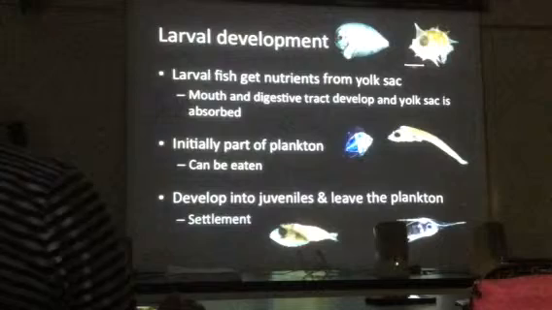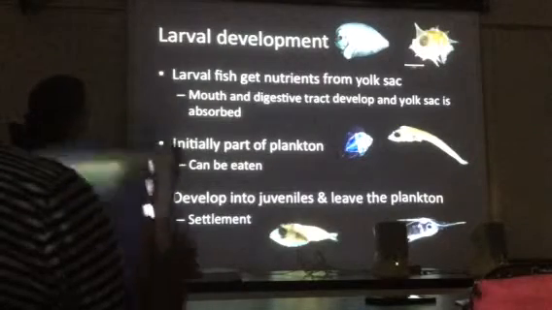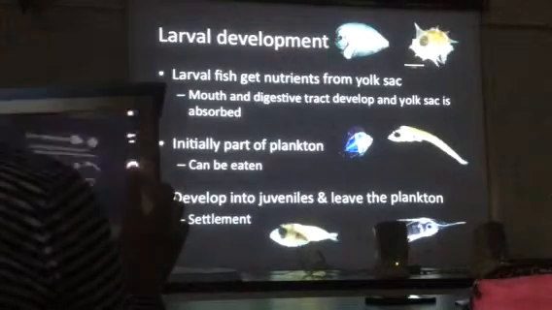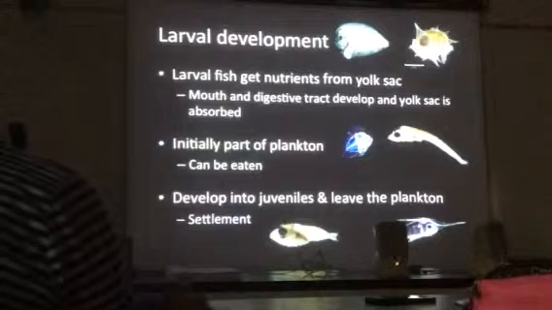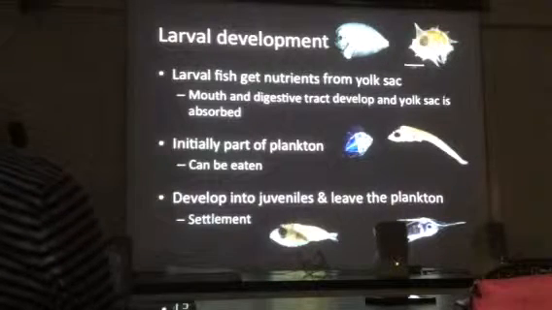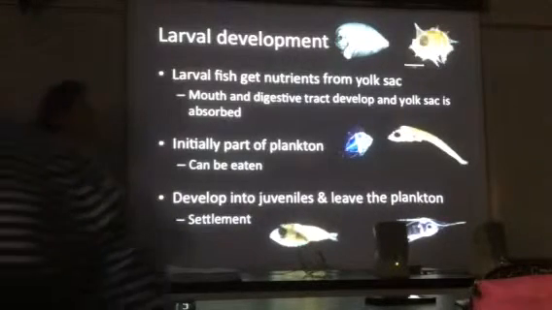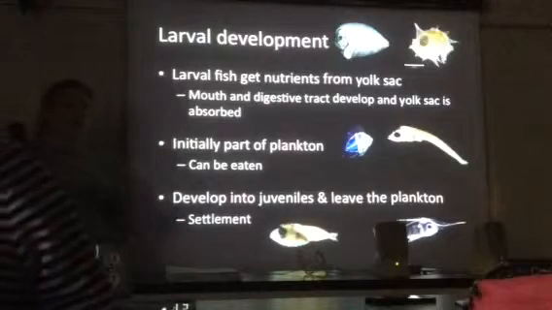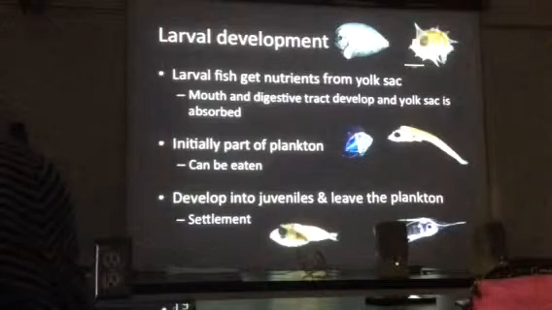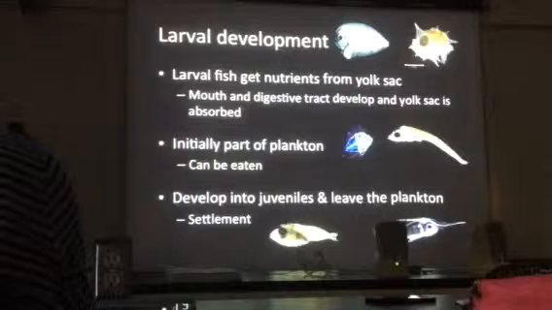Okay, we're getting there. Larval fish get nutrients from a yolk sac, typically. The mouth and digestive tract develop when the yolk sac is absorbed. This usually happens within the planktonic stage, once it's released and developing.